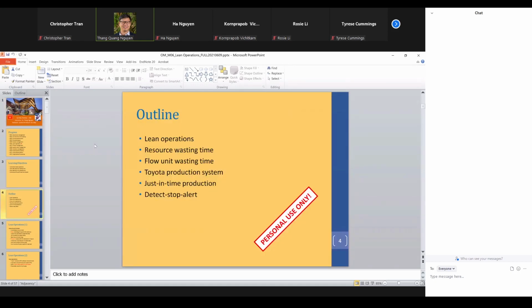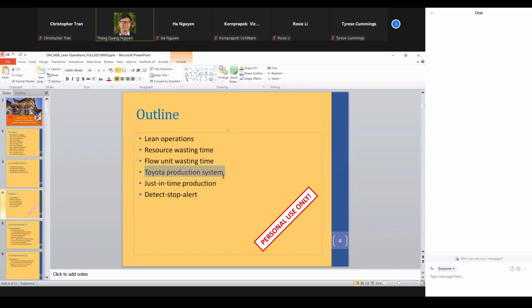Here is an outline of module 6: lean operations as an overview, and then we focus on two perspectives, to identify the waste and eliminate the waste. And the final part of the whole module is about the Toyota production system, right?